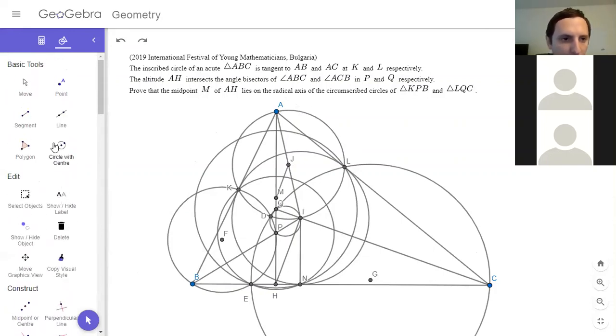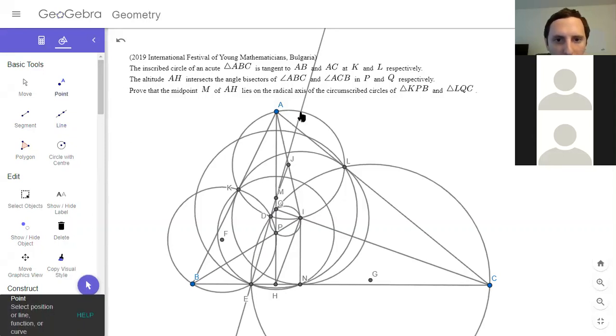Okay. According to my diagram, that point turns out to be the reflection of A. I mean, if that point is X, then AXHN is a rectangle.